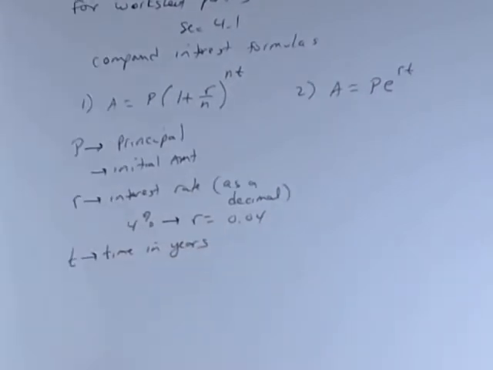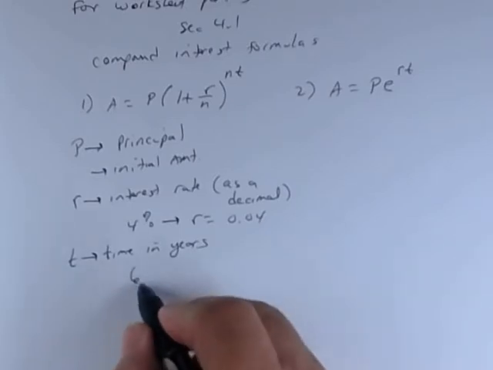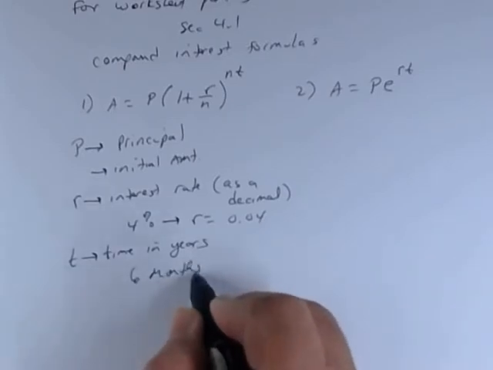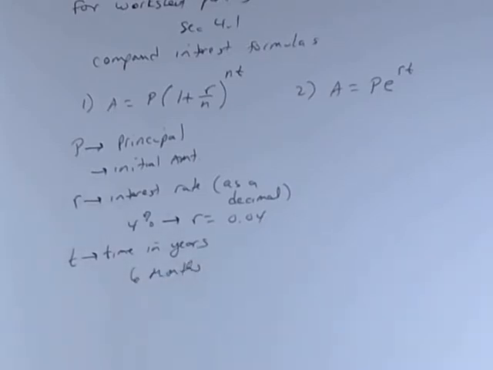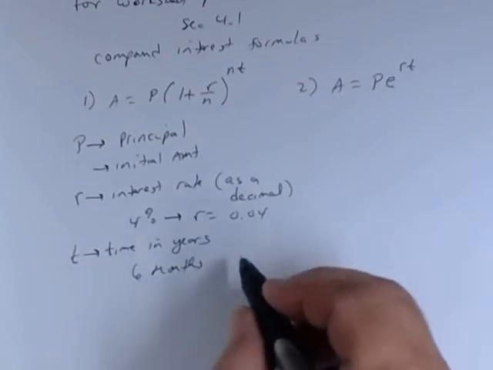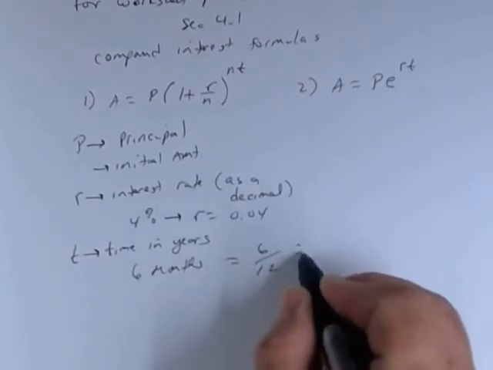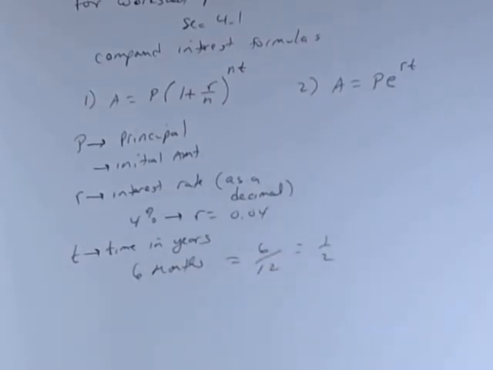Okay? So if they tell you that you're only going to do this for 6 months, so if it's in months, you must convert that to what? Years. And how do you convert months to years? Divide by 12. So 6 months is 6 divided by 12, which is 1/2 of a year.